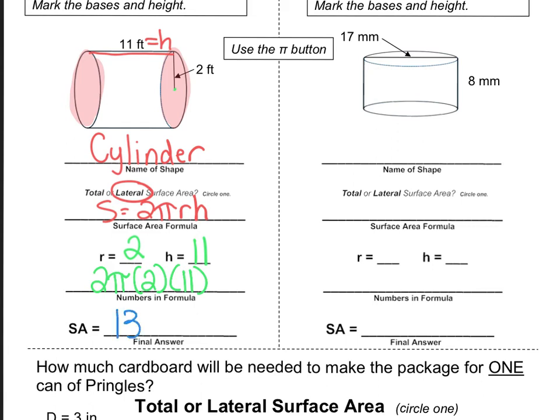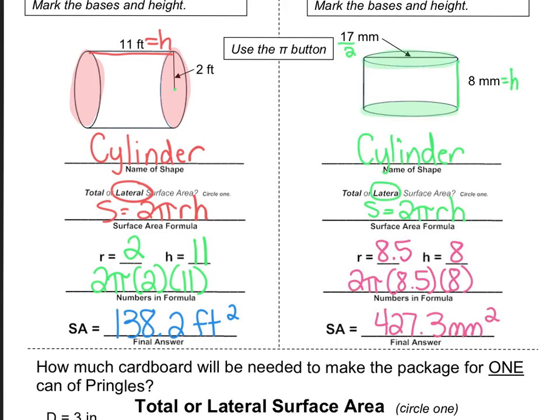And when I did that, I got 138.2 feet squared. All right, so I would like you to try this last one on your own. So go ahead and pause the video and hit play when you are ready to check your answers.